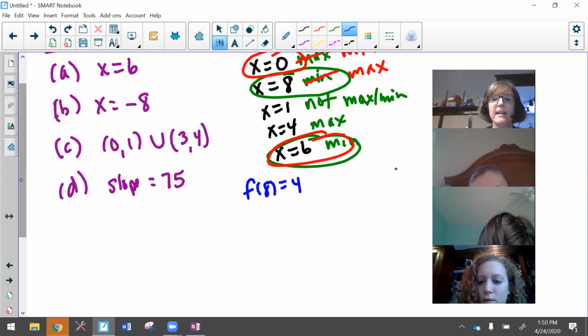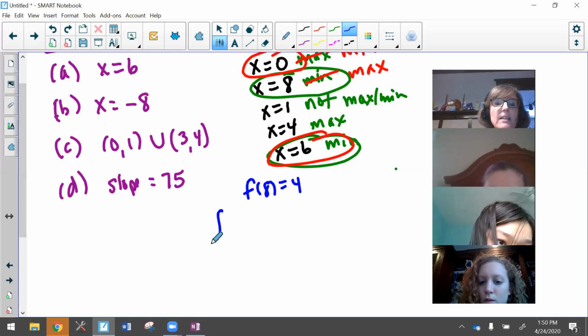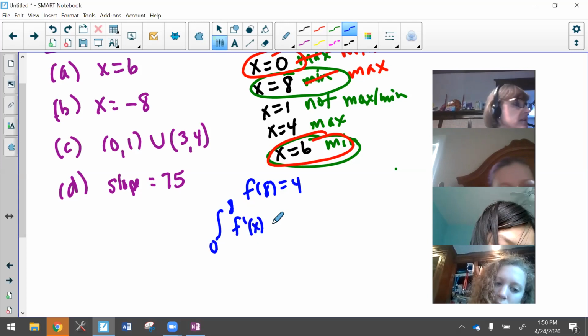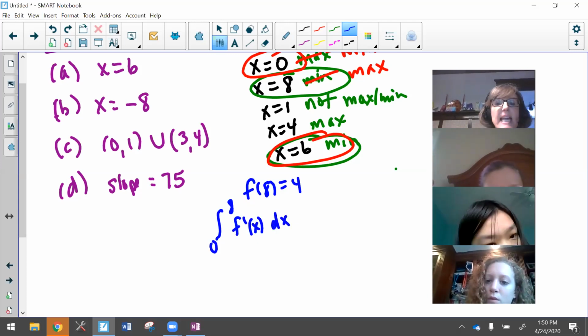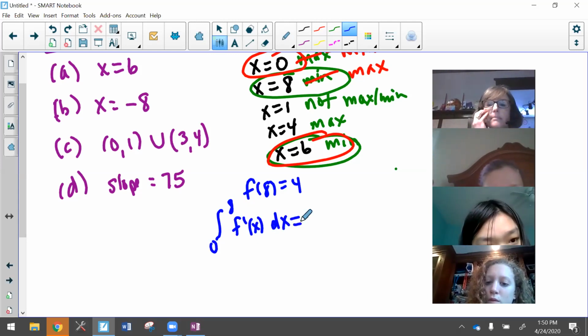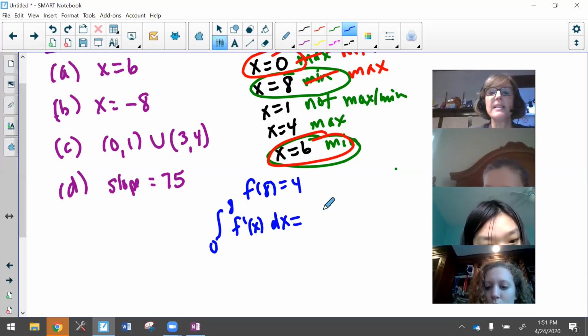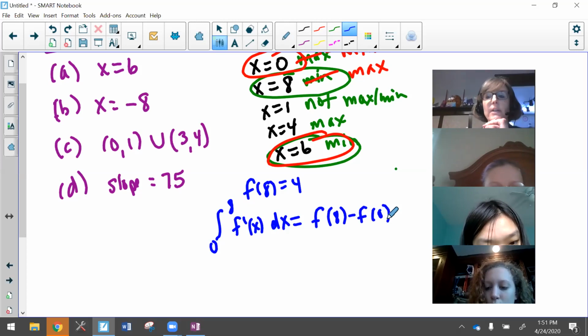So the way that we end up solving this is to say, well, if I look at the area under the curve, say from 0 to 8 of f prime of x dx, and remember that that's what an integral means, finding the area under the curve, then this is going to be, by the fundamental theorem of calculus, f of 8 minus f of 0.